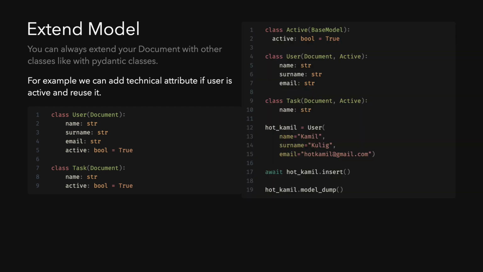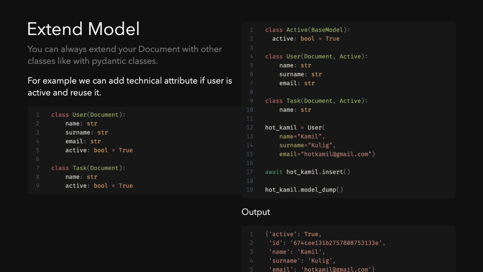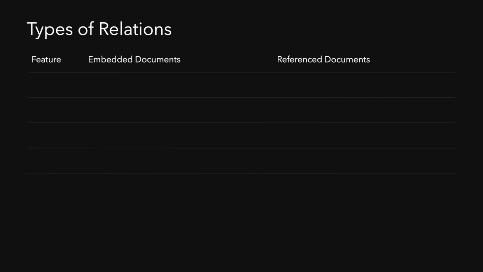You could use extending models: create your class Active as a base model, with active as a bool, which will of course be True by default, and you can extend the user and task classes with it. As you can see, in the output we can see that active is true for our user. Okay, I said something about extending models, but now I will tell you something about relations.